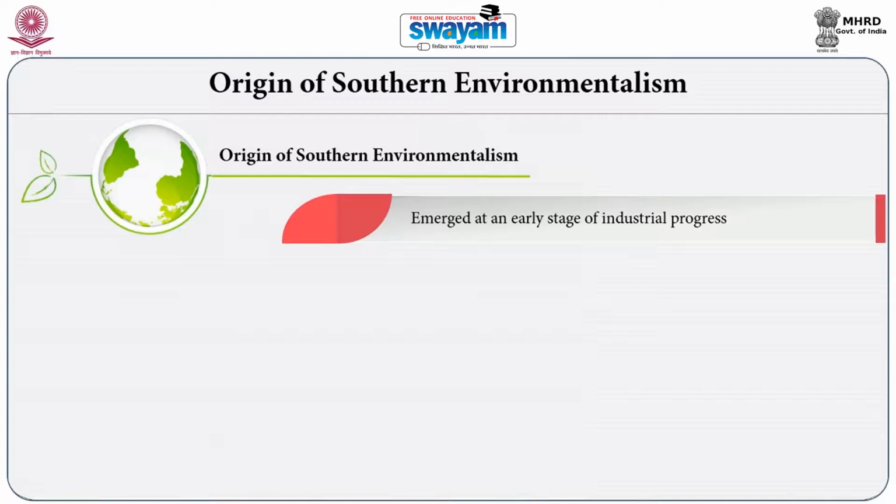So wilderness preservation, or preserving the wild, comes from the basic fact that people want to spend their leisure time with nature. It is this desire for a better quality of life and a better environment that led to the emergence of environmental movements in the global north.